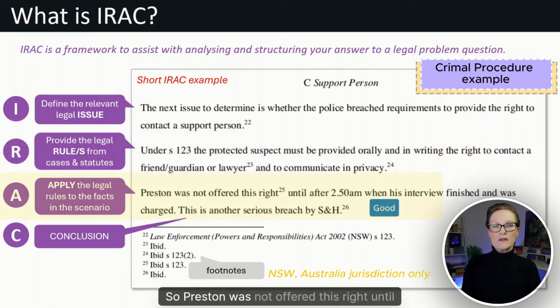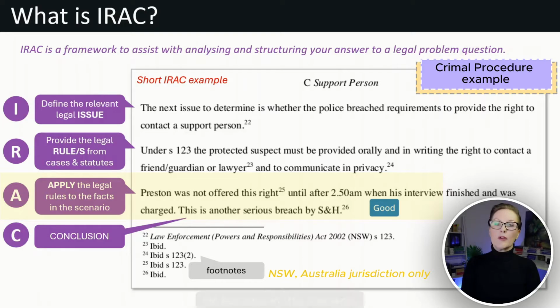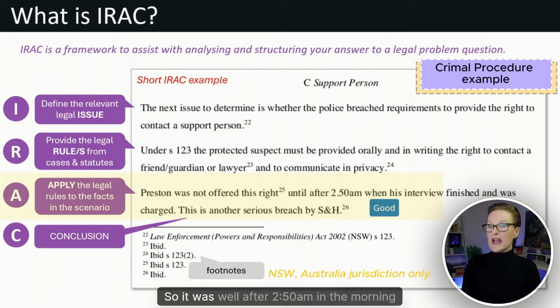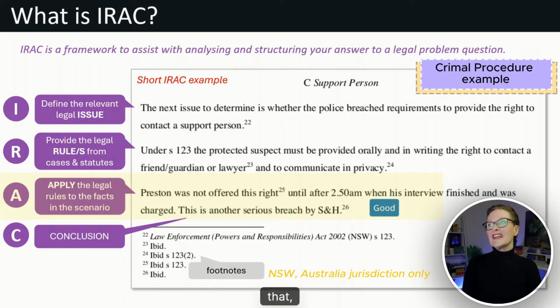Preston was not offered this right until 2:50 in the morning. In the scenario, he was arrested the previous evening and he was held, so it was well after 2:50 a.m. in the morning when his interview finished that he was given this right to contact a friend, guardian or lawyer.